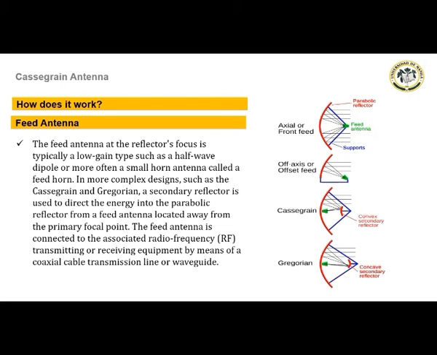Usually, the secondary reflector and the feed antenna are located on the central axis of the dish. However, in an offset Cassegrain configuration, the primary dish reflector is asymmetric in its focus, and the secondary reflector is located to one side of the dish, so that the secondary reflector does not partially obstruct the beam.